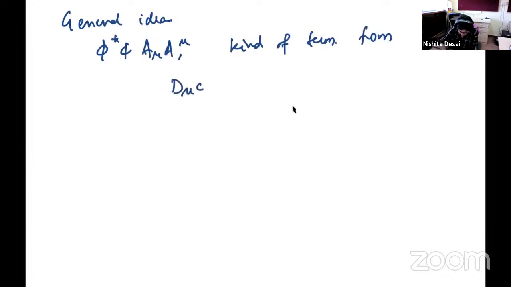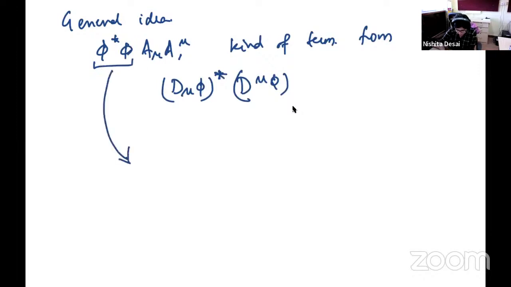Since we know that you can get a phi squared kind of term from phi, what we want to do is, instead of this phi star phi, we want to give it a constant number. That will be the mass.